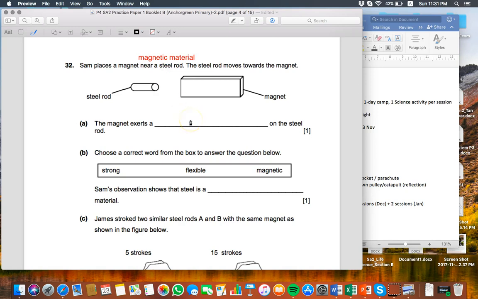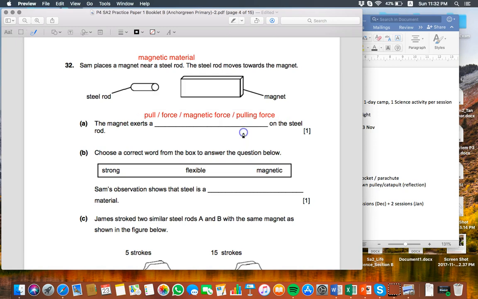So the steel rod moves towards the magnet. The magnet exerts a, there are a few answers that are acceptable. It exerts a pull, it exerts a force, it exerts a magnetic force, or I can say it exerts a pulling force.